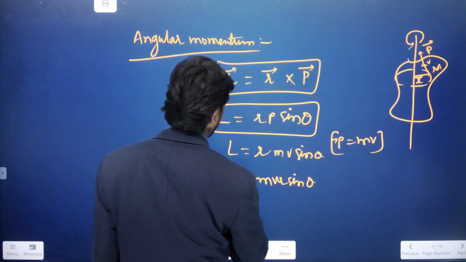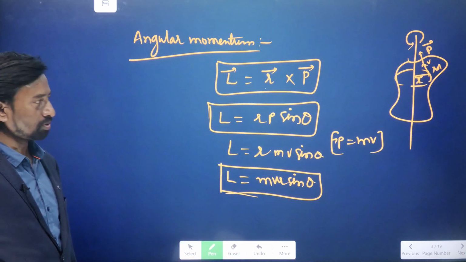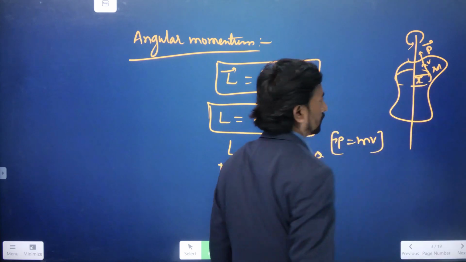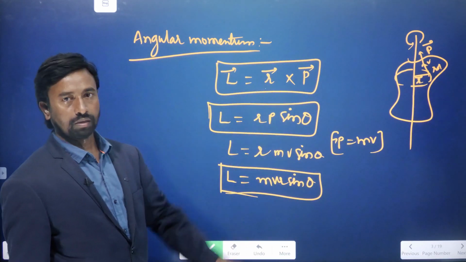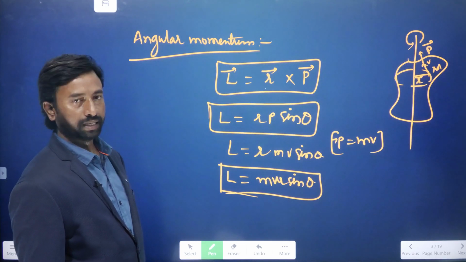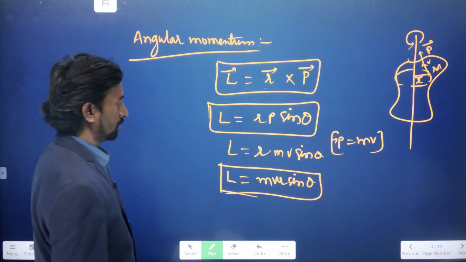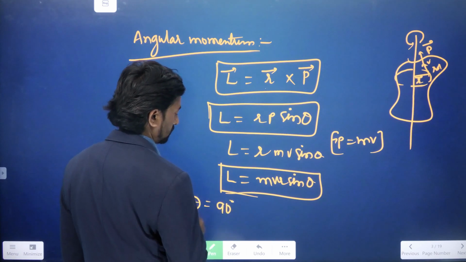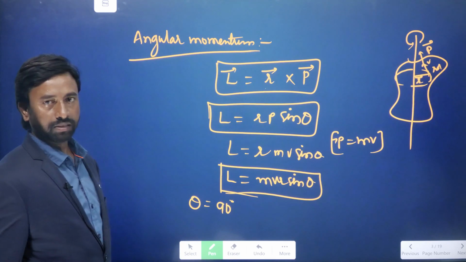This angular momentum will be maximum when theta is equal to 90 degrees, that is, when the linear momentum acts perpendicular to the perpendicular distance. So for maximum angular momentum, theta should be 90 degrees between the linear momentum and the perpendicular distance.